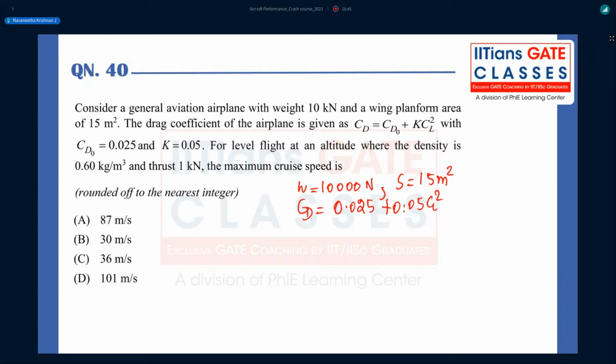Then density is 0.6 kilogram per meter cube. The thrust is 1 kilonewton, which is nothing but 1000 Newton.